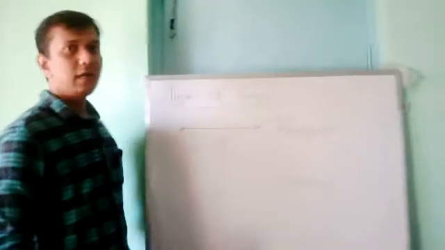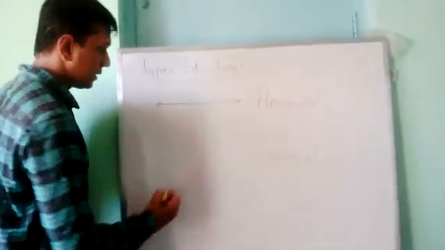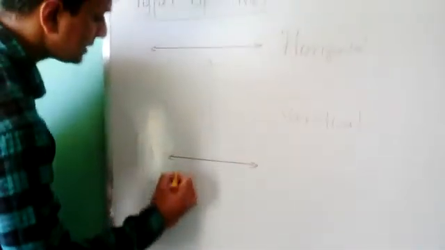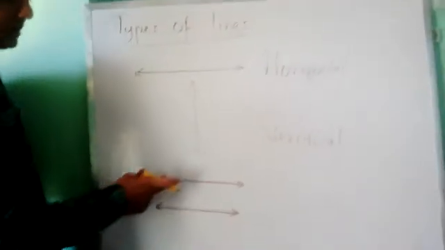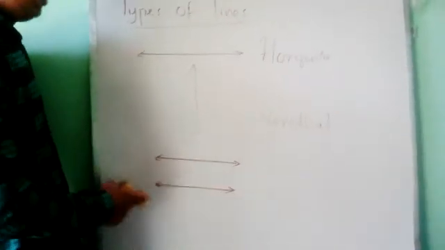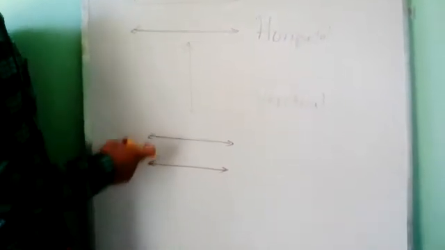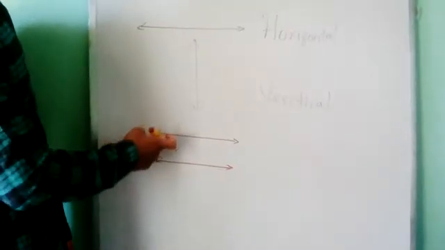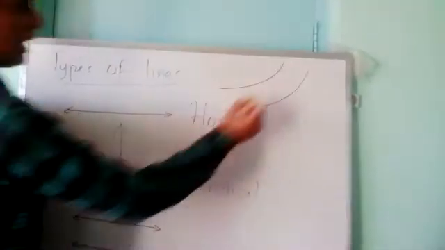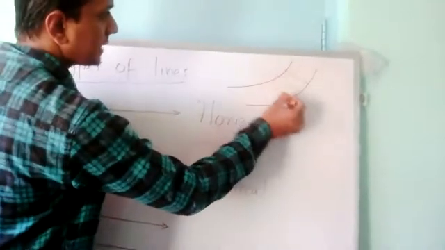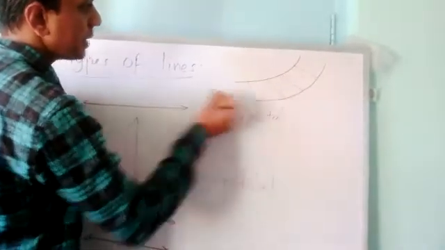They are vertical. Next, suppose two straight lines are arranged like this. That means they are not going to meet anywhere. The gap between these two lines is fixed. For example, a railway track. Have you observed the railway track, normally in exhibitions?